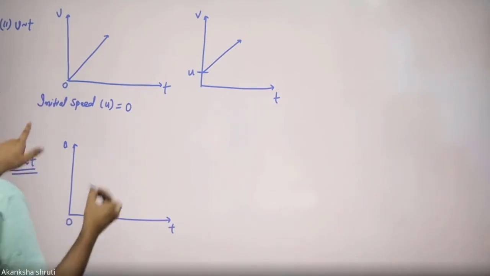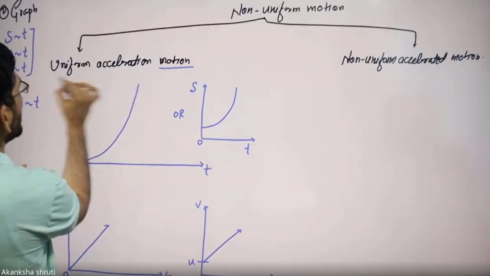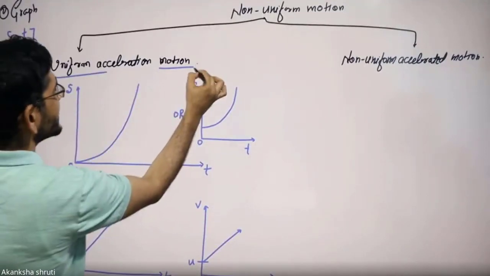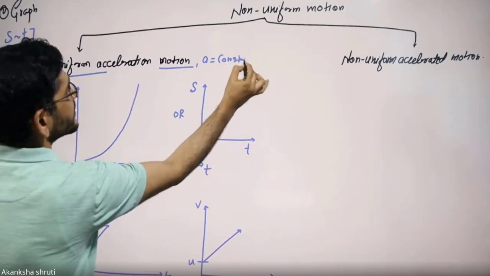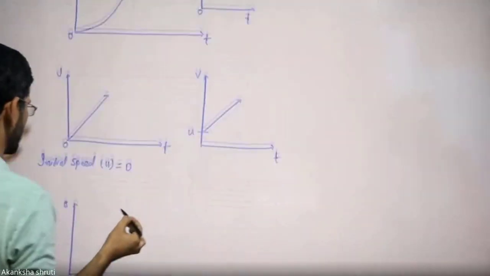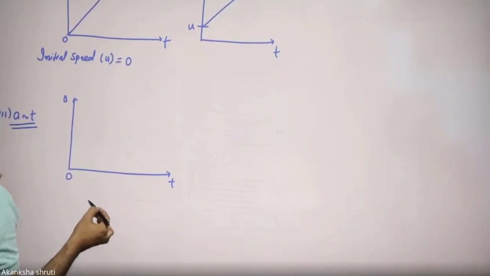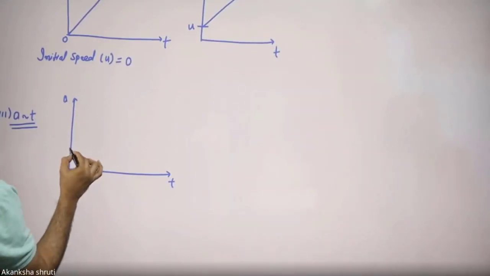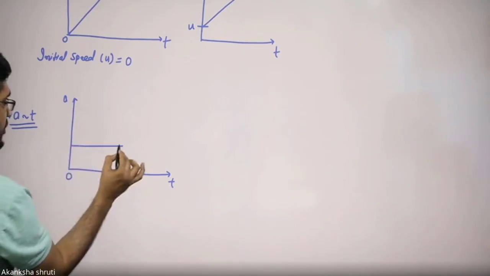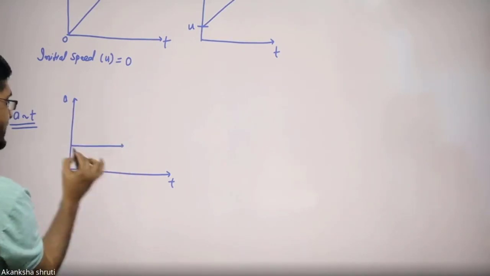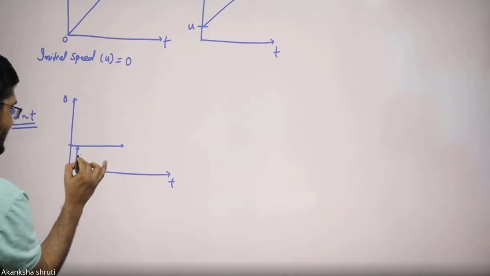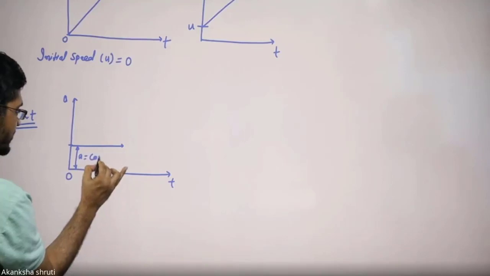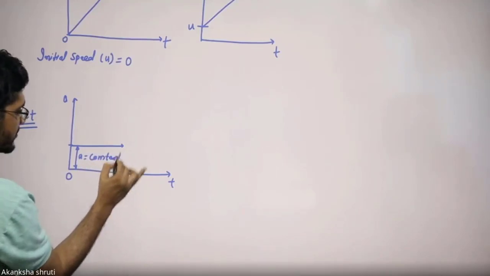Here the motion is uniform, which means the acceleration is constant. It must have some value, say 8 meter per second square. So this acceleration is not 0 now; rather it has some value. This is the value of that acceleration, and it is constant. So this we have observed.